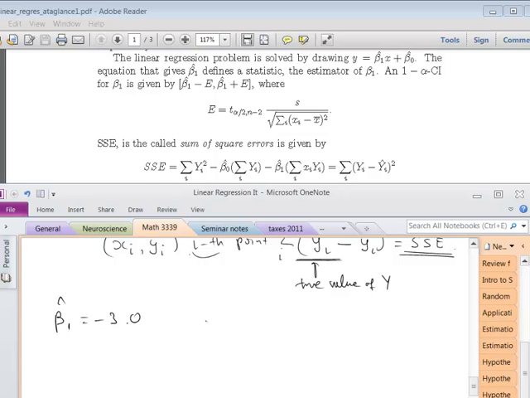Let's calculate the confidence interval for beta. So this will be -3.0 minus the margin, plus the margin.